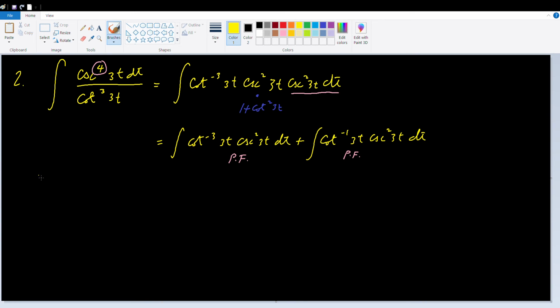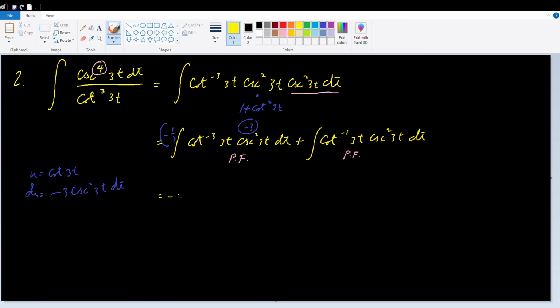Now we are ready to apply once again the power formula for both integrals. So we take on cotangent 3t as our u, and our du is negative cosecant squared 3t times 3 dt. So in the first integral, it lacks negative 3. We introduce the reciprocal of negative 1/3. Alright?